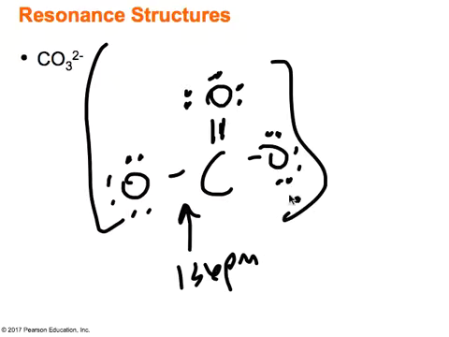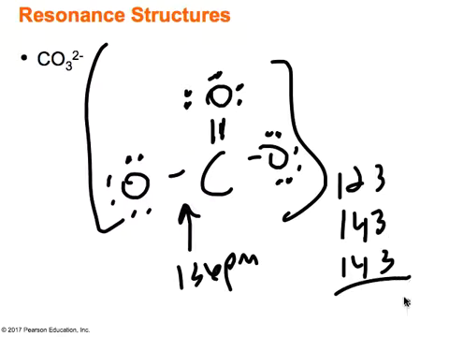So why is that? Well, I have two single bonds, so that's 143, 143, and then add that to a double bond, 123. Add all those up. I've got a 9, I've got a 0, I've got a 4. Ooh, that looks like some good cleaning solution. If I divide that by 3, I take the average of that, that will give me about 136, I think.